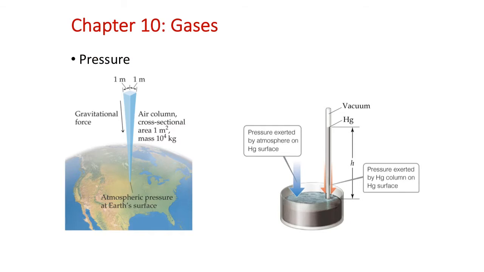Now, a few ways we encounter gases. One is just through atmospheric pressure. We are underneath a pressure of about 1 atm, that's standard atmospheric pressure. In terms of thinking about the amount of air on top of every square meter on the surface of Earth, the answer is about 10 to the 4th kilograms.